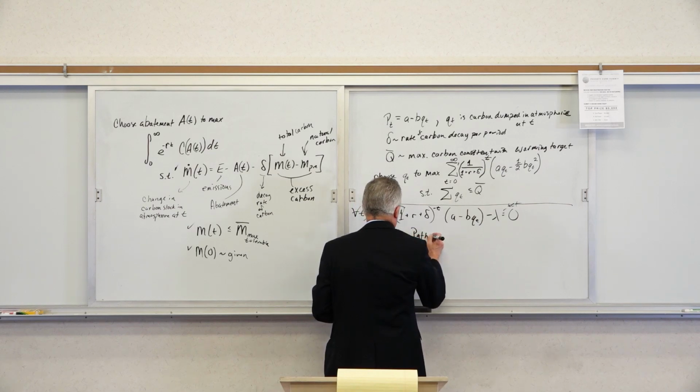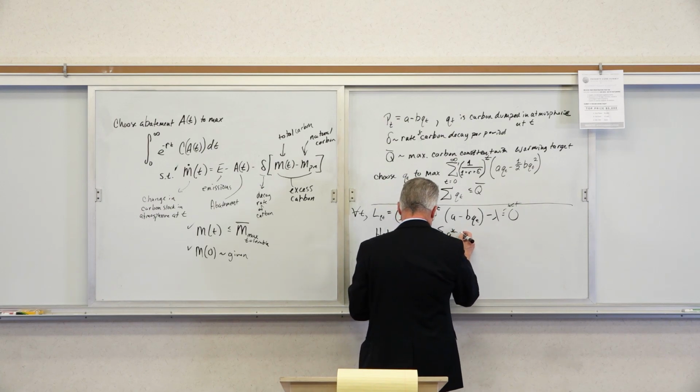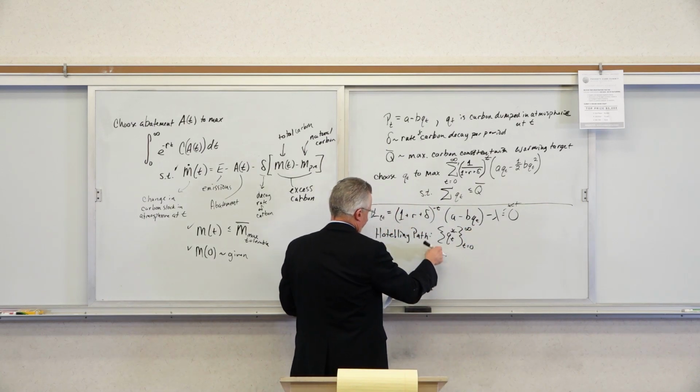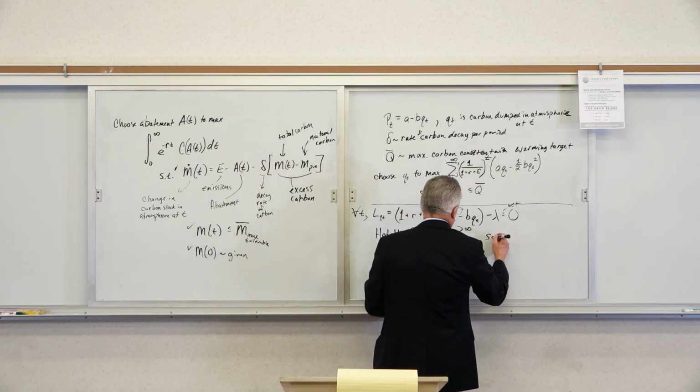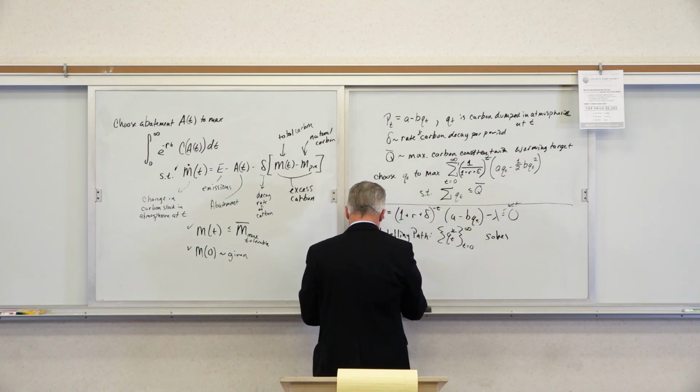My Hotelling optimal path would be the sum of the q star t from t equals 0 to infinity. So a whole bunch of those, how much I'm going to do in each period, solves that for all the periods.